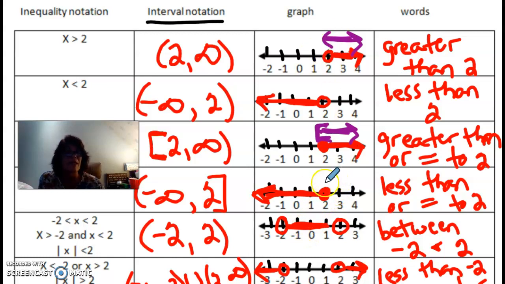I accept either when I ask for a graph. Here you might see parenthesis. So just know that if you're looking at a graph and you see parentheses, that's the open circle. That's the college algebra answer to the open circle. The bracket is the college algebra answer to the closed circle.